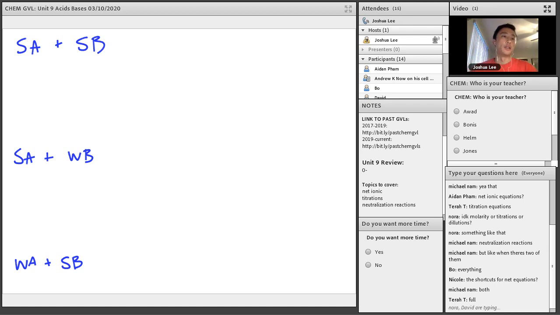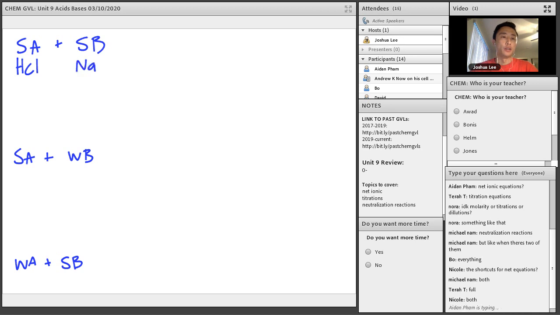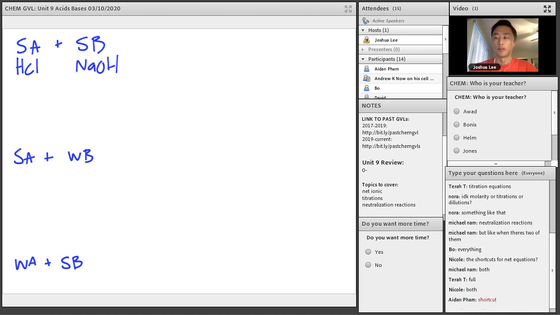For strong acids, we do an example like HCl and NaOH. The long way would be, hey, you have to essentially mix them. HCl. I'm not going to bother putting aqueous. It's just going to take up too much room, but remember to always include states of matter.